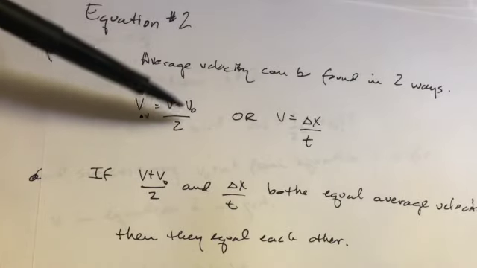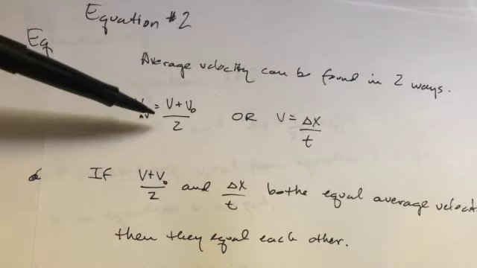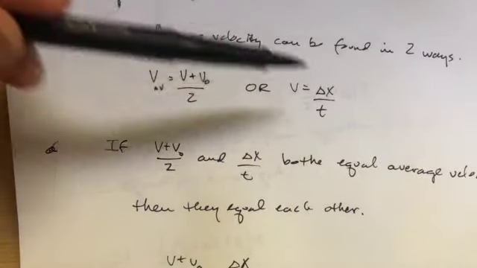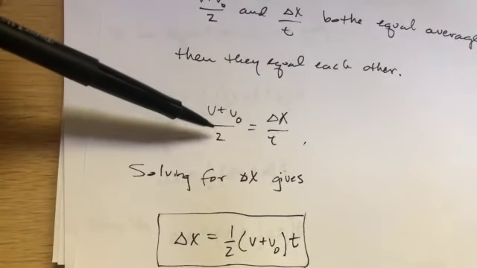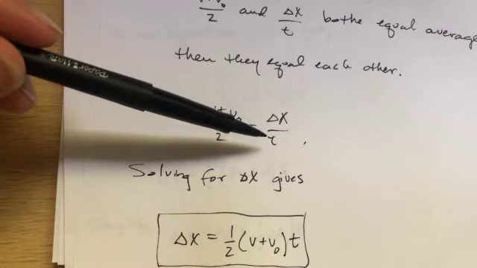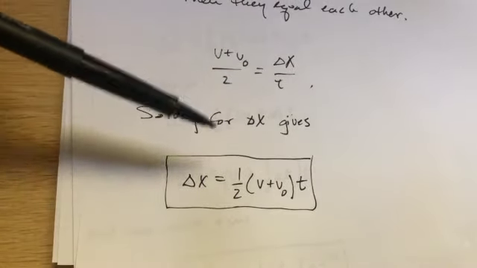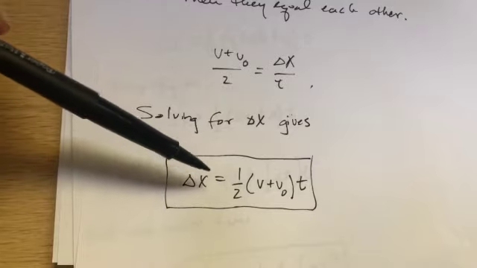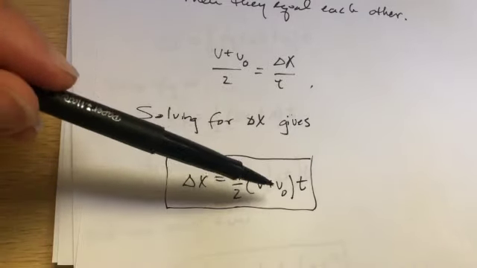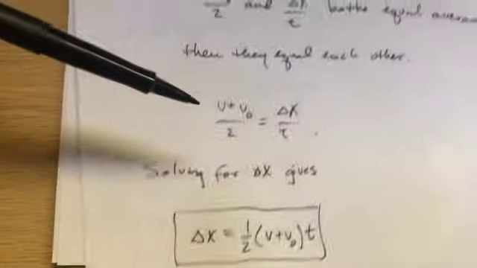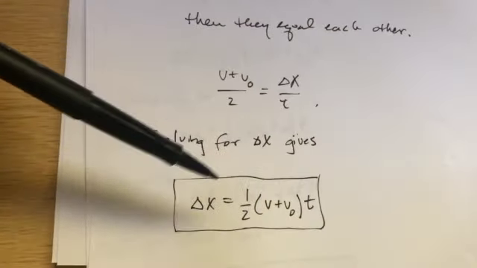Well, if both of these things are equal to your average velocity, then they must be equal to each other. So V plus V naught over 2 equals delta x over t. If we cross multiply and solve for delta x, we get delta x equals 1/2 V plus V naught times t. This is equation number 2. That's the one we use in the homework today.